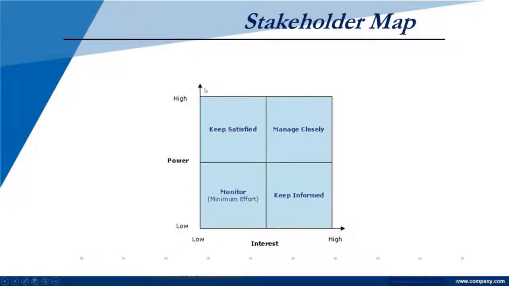You have high power and highly informed, opposite corners. And these are suggestions for how you would handle somebody when you would put them in this type of a matrix.